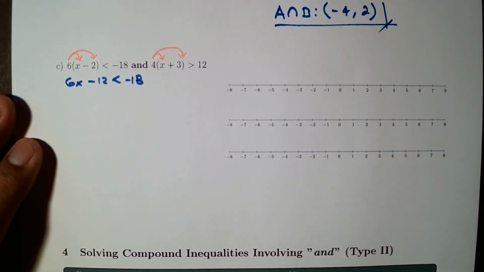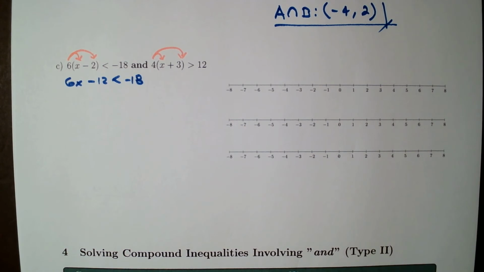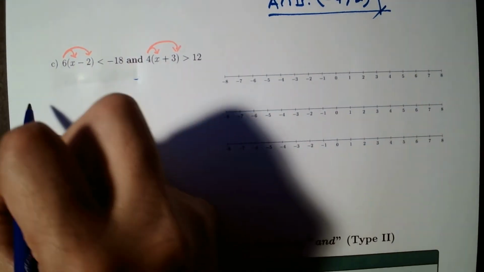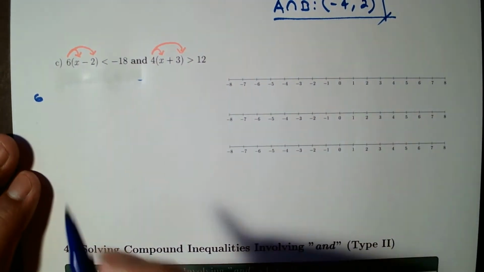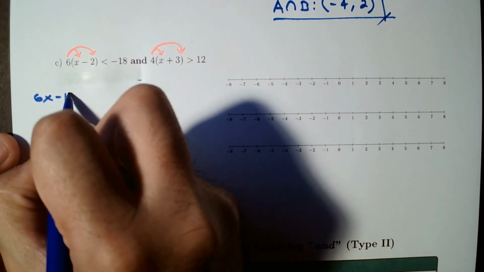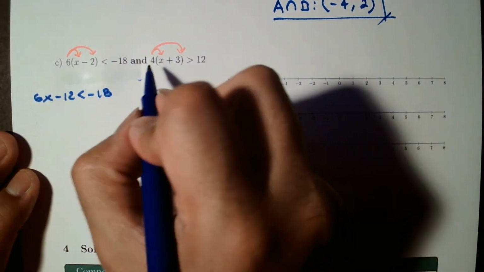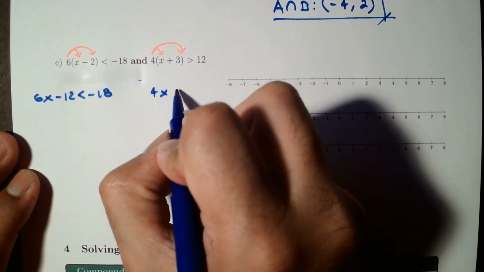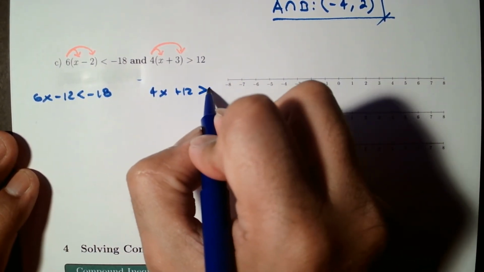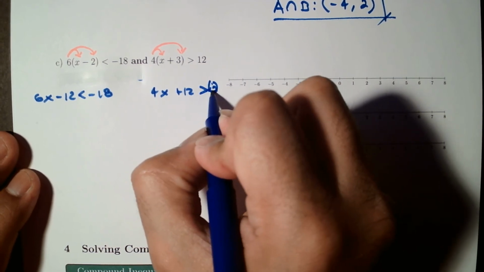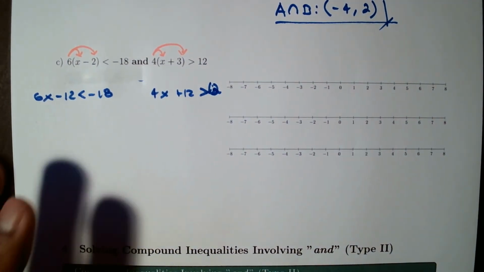And I'm going to run out of space here. I'm going to need more space. Let me do that again. So that's a 6x minus 12 less than -18. And for the second part, that's 4x plus 12 greater than 12. All right.